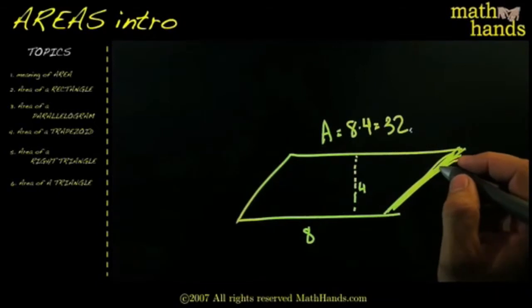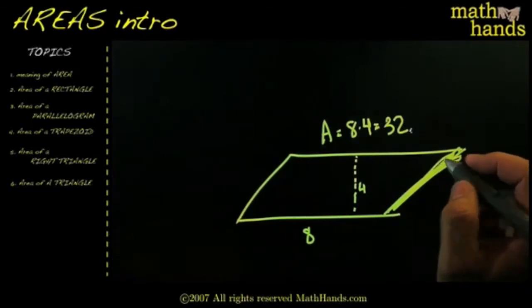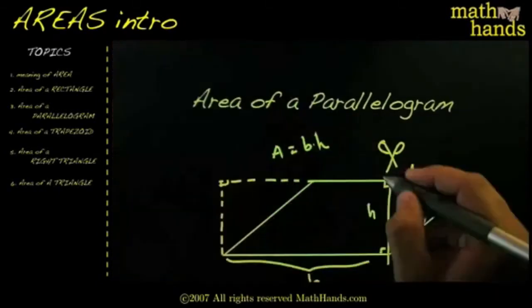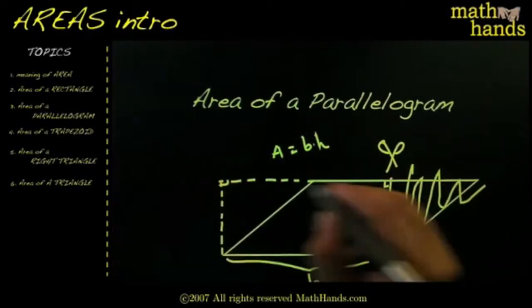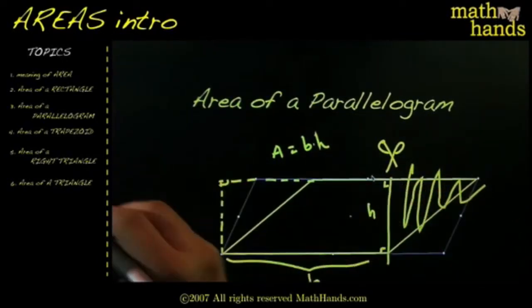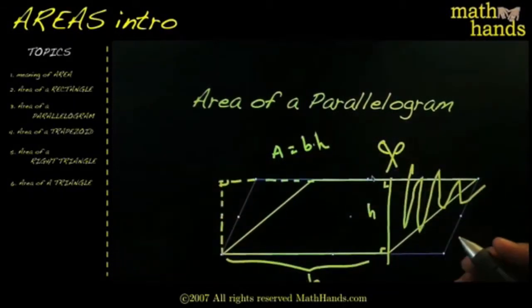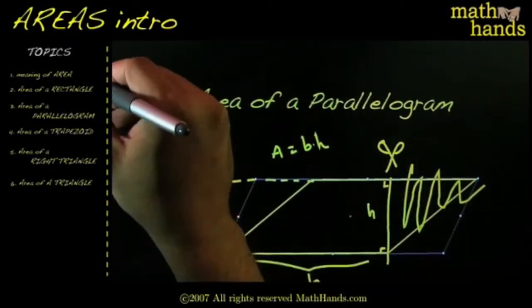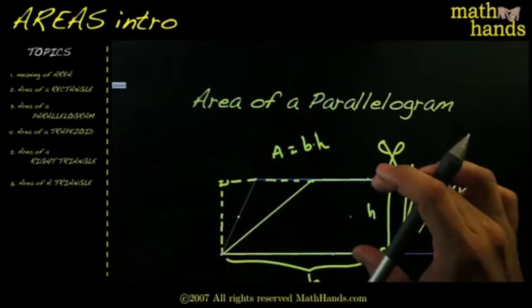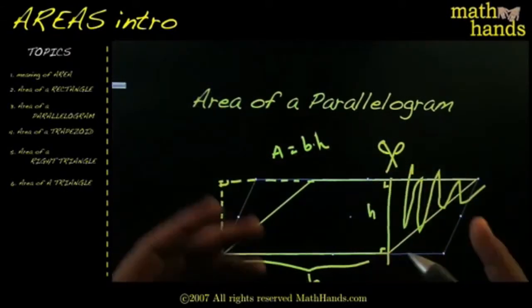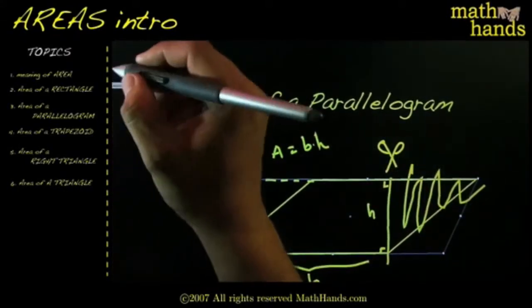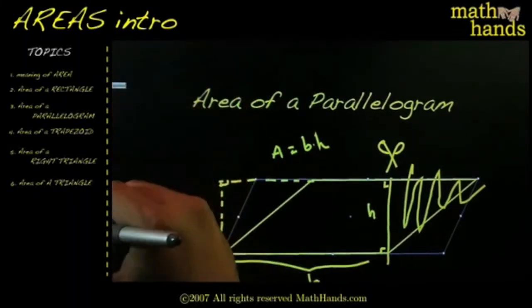Okay, amazing. The moral of the story is that this idea of moving the top, sliding it over this way, does not affect the area. You could slide it as long as you maintain the height the same and the base the same. The area stays exactly the same.